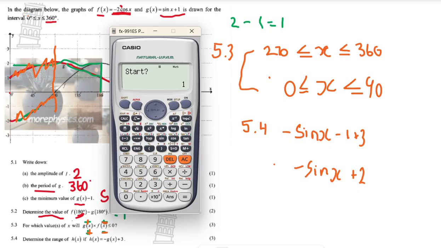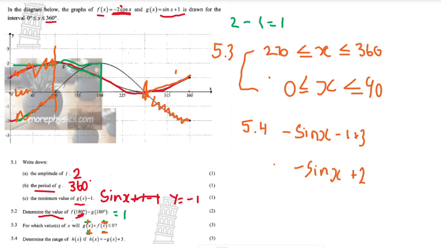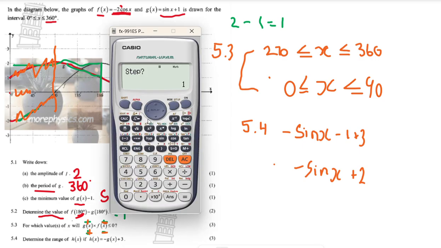Then you start at 0 and end at 360. The step will be the interval, so you count in 45.